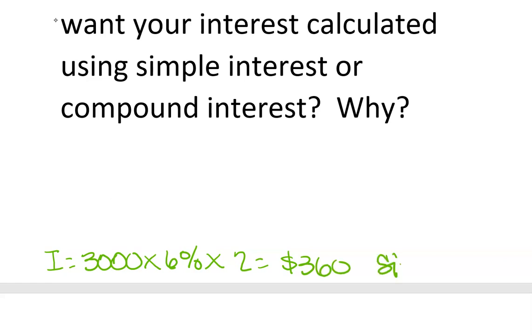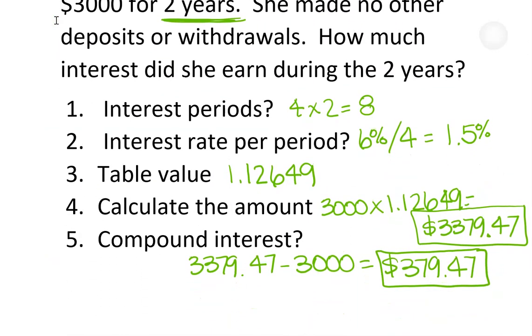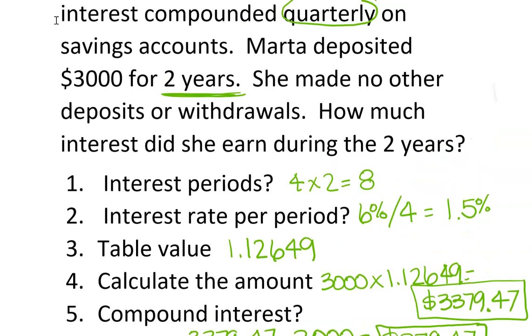This is how much they would get using simple interest. And if you look at what they made using compound interest, they get a little bit more. They get almost $20 more.